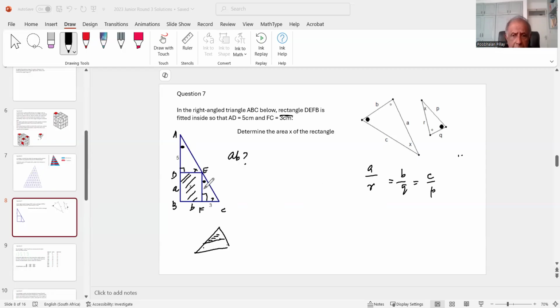This is a rectangle. So this part here is A, opposite sides of the rectangle, and this side here is B. Let me just clear out these.